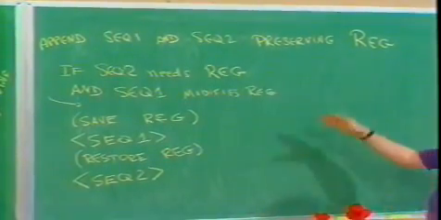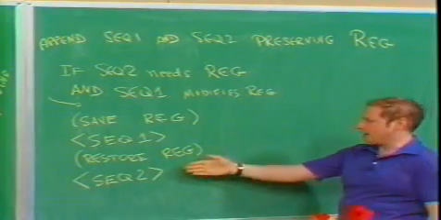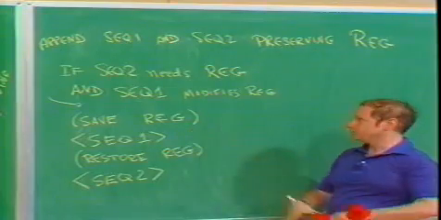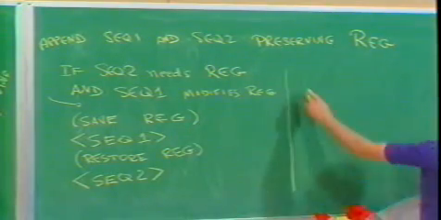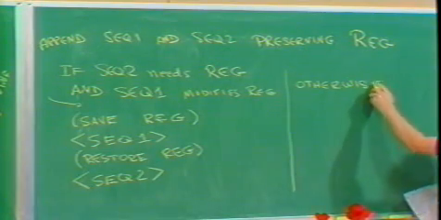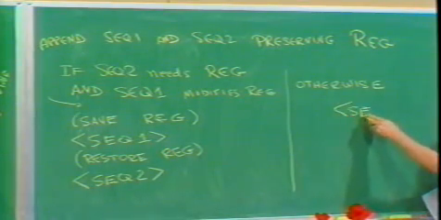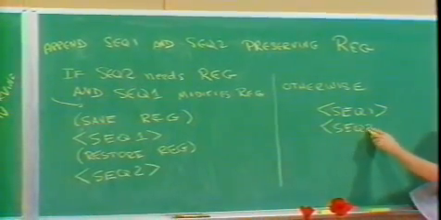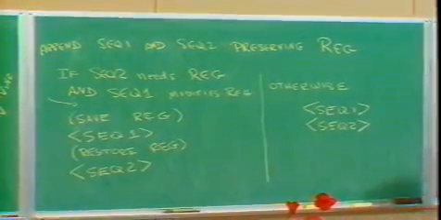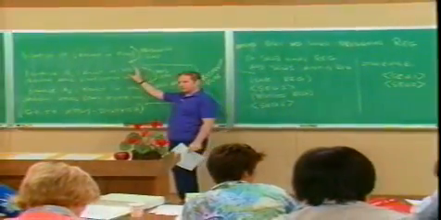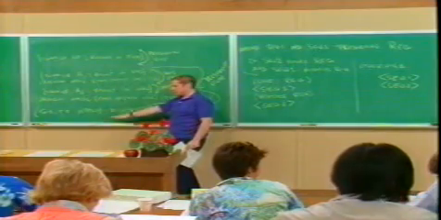Right, that's in the case where sequence 2 actually needs the register, and sequence 1 actually clobbers it. Otherwise, all you spit out is sequence 1 followed by sequence 2. Right, so that's the basic operation for sticking together these bits of code fragments, these bits of instructions, into a sequence.